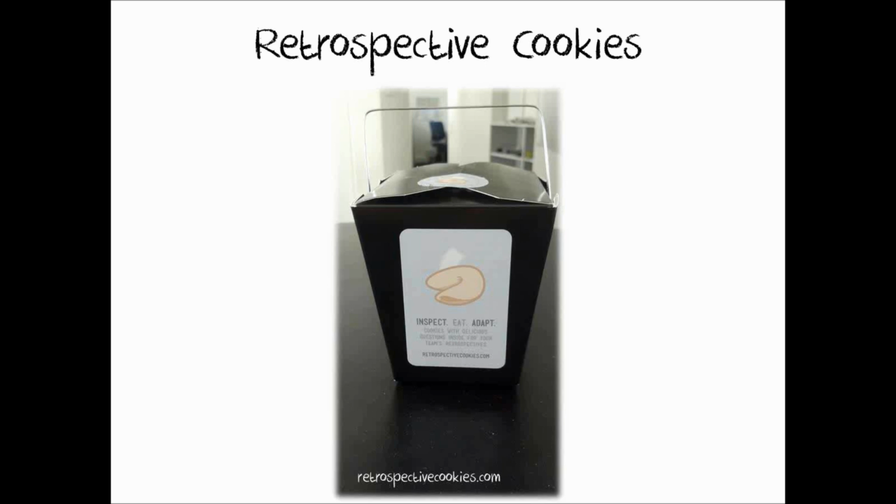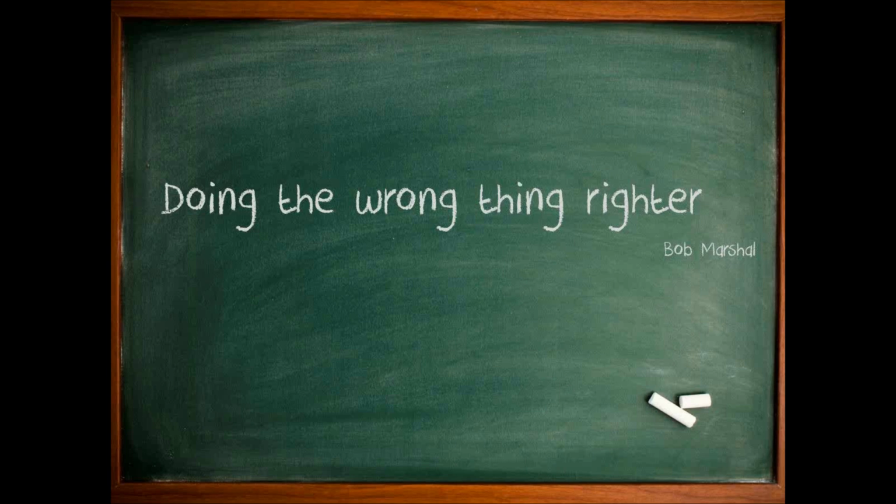So why not use these fortune cookies and put some deep, challenging questions for the team into them? At the beginning of the retrospective, everybody gets a fortune cookie, and you can even eat them. You can even order them at retrospectivecookies.com. Then everybody opens their cookie and reads out aloud what is written in it.